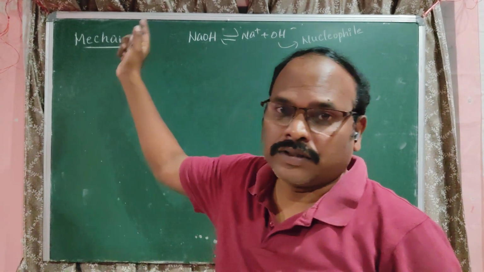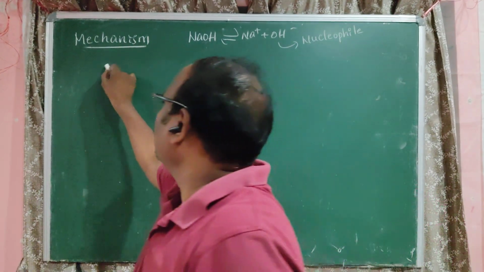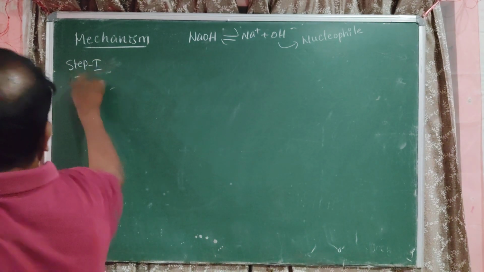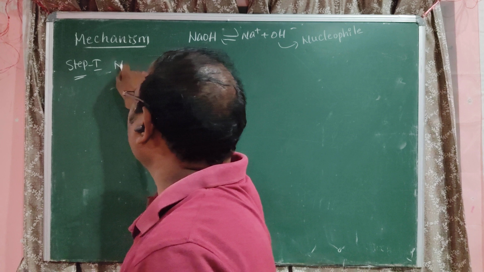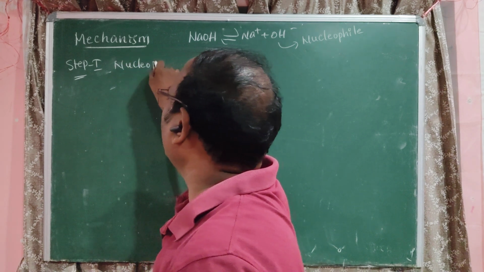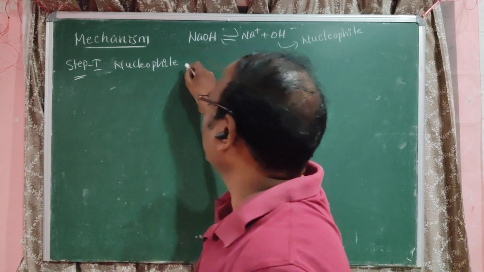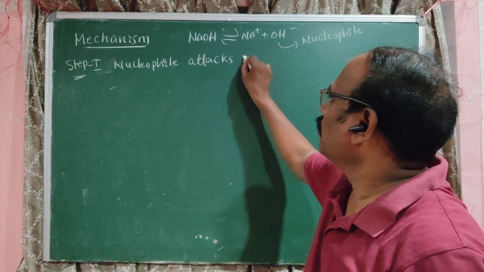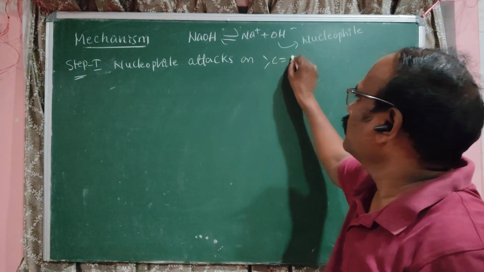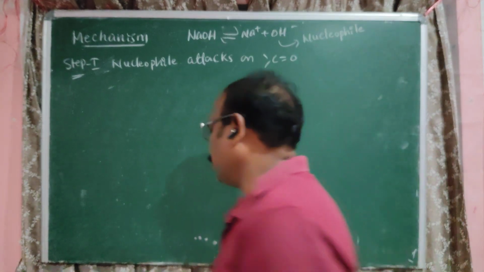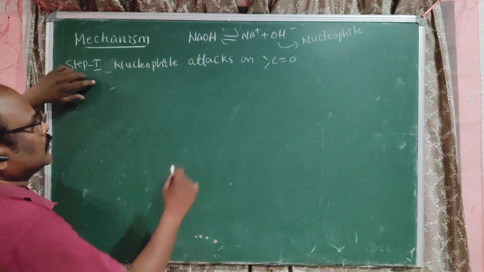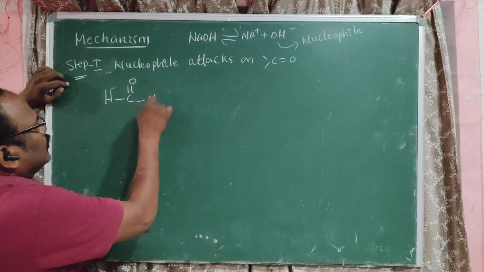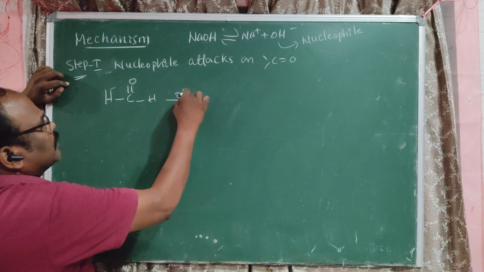For this mechanism, there are 3 steps. In step 1, nucleophilic attack takes place. The nucleophile attacks the carbonyl carbon. Taking formaldehyde here, it is attacked by the nucleophile.